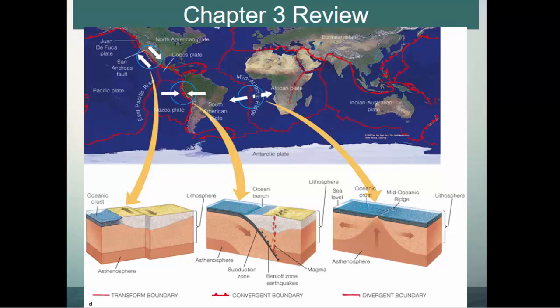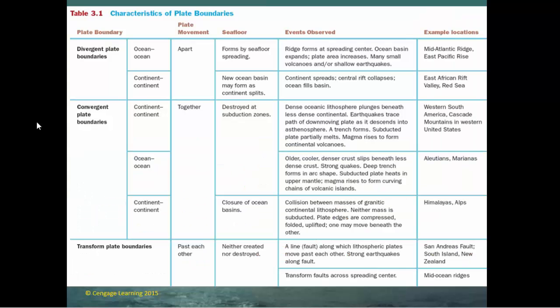And of course those convergent boundaries, where the Nazca Plate converges with and subducts under the South American Plate. So here are the basic plate boundaries and some of the different characteristics of those plate boundaries, much of which we have discussed in detail in Chapter 3. If you need an update on that, I suggest you watch Chapter 3 and get more information on the divergent, convergent, and transform plate boundaries.